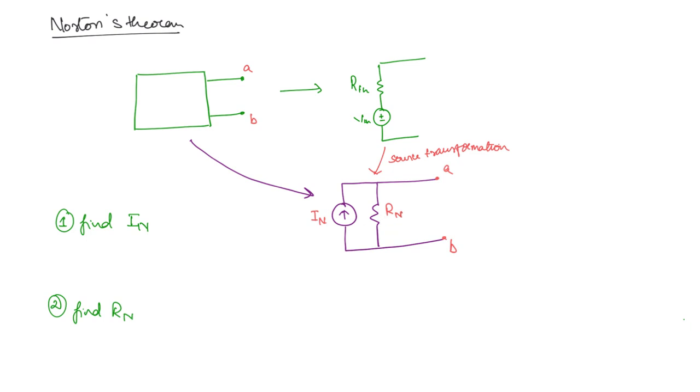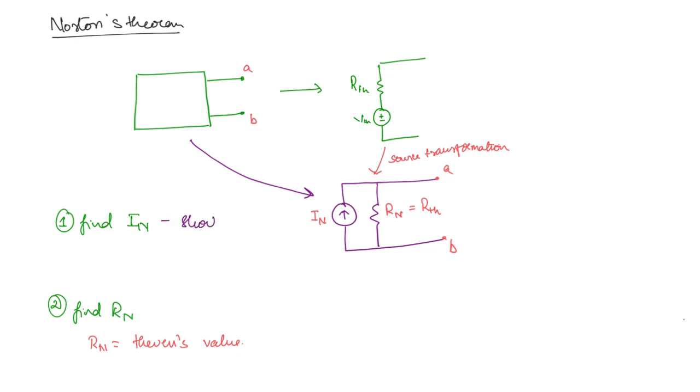So Rn is the same as the Thevenin's resistance. That means in the same procedure you will find the Norton's resistance. Basically they are both one and the same. Rn is equal to Thevenin's resistance. Now what about IN?